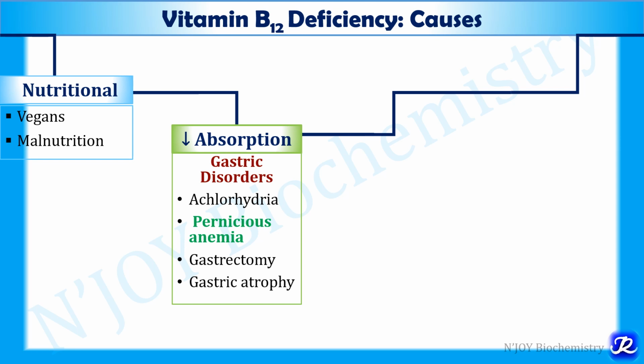Pernicious anemia is also an important cause where intrinsic factor is deficient, and it is the autoimmune disease which is due to the antibodies against the parietal cells, and due to lack of intrinsic factor vitamin B12 cannot be absorbed. Gastrectomy, gastric atrophy, it leads to the deficiency of intrinsic factor, and further it is responsible for the decreased absorption of vitamin B12.